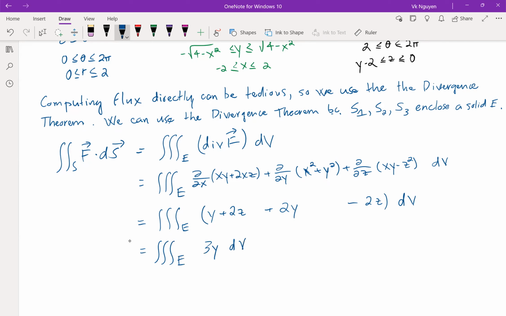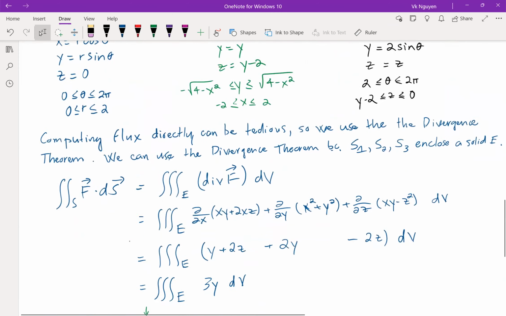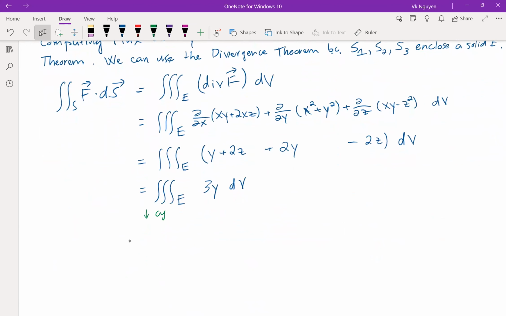So the triple integral over E of 3y dV. What we are computing here is that we turn the flux into the mass of a solid with a density function. Since it is a cylinder, we're going to be using cylindrical coordinates.